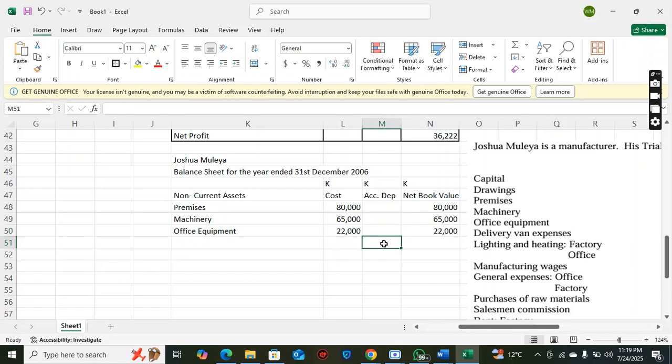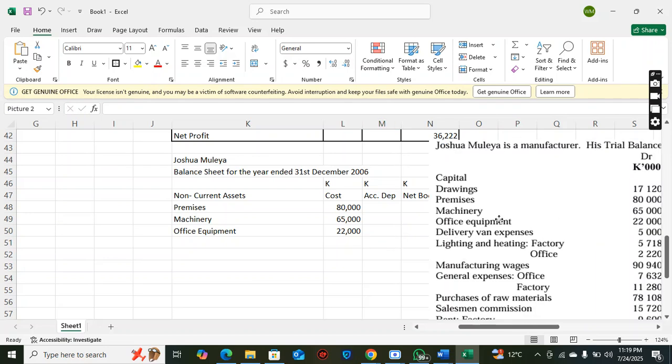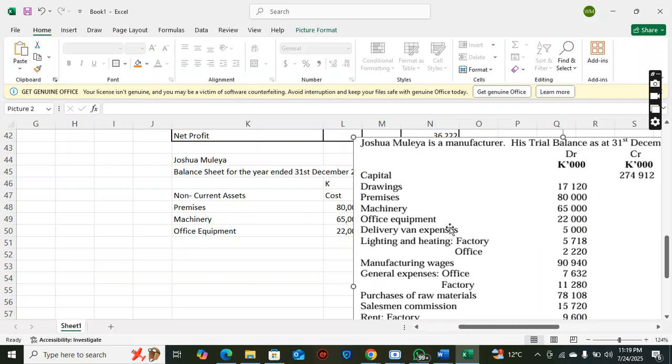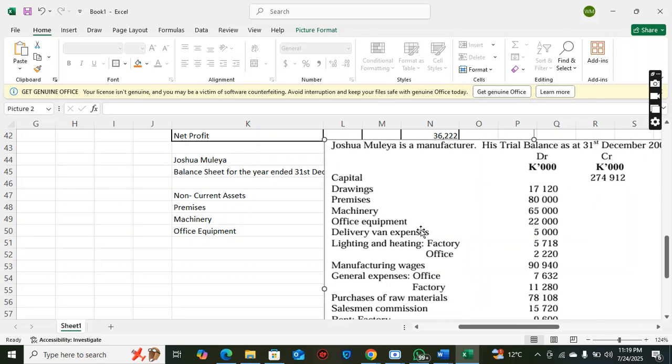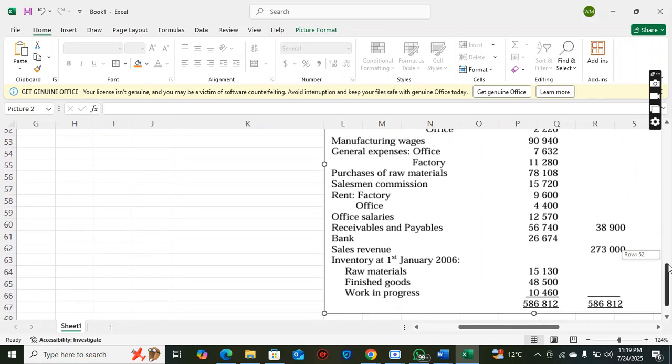Anything else? This delivery van is the expenses. Delivery van expenses. Do we have the delivery van at cost?